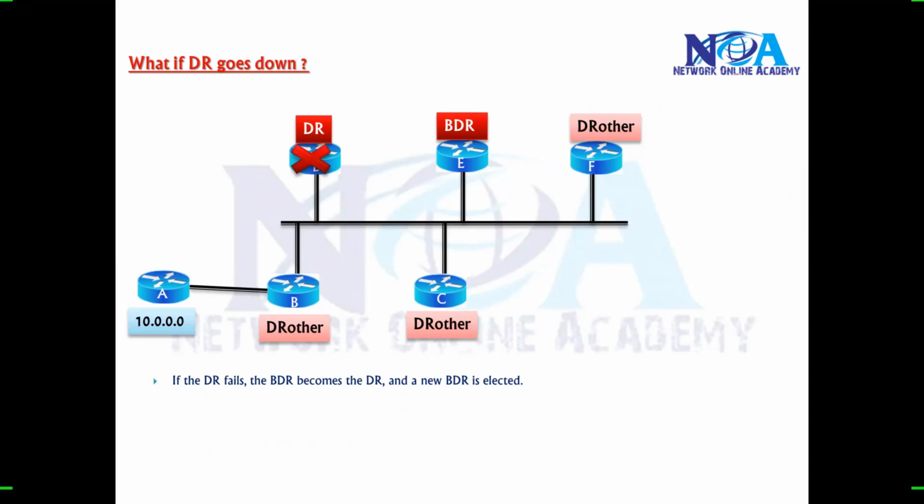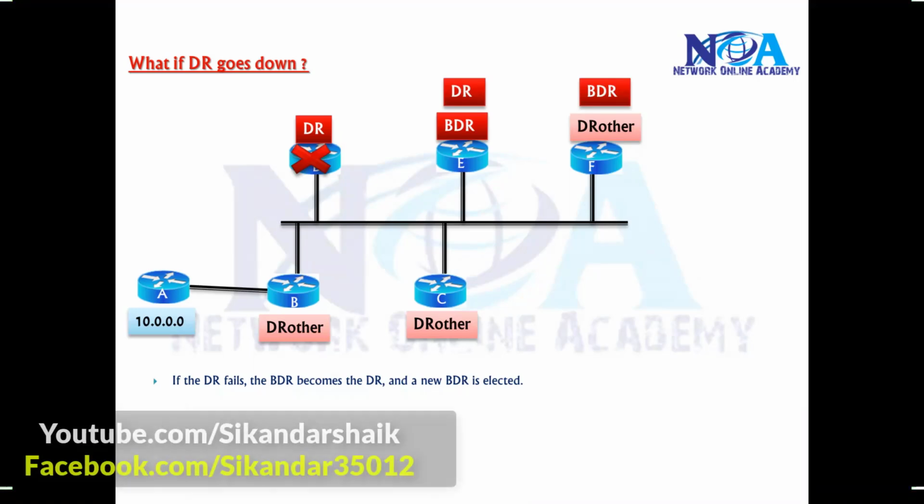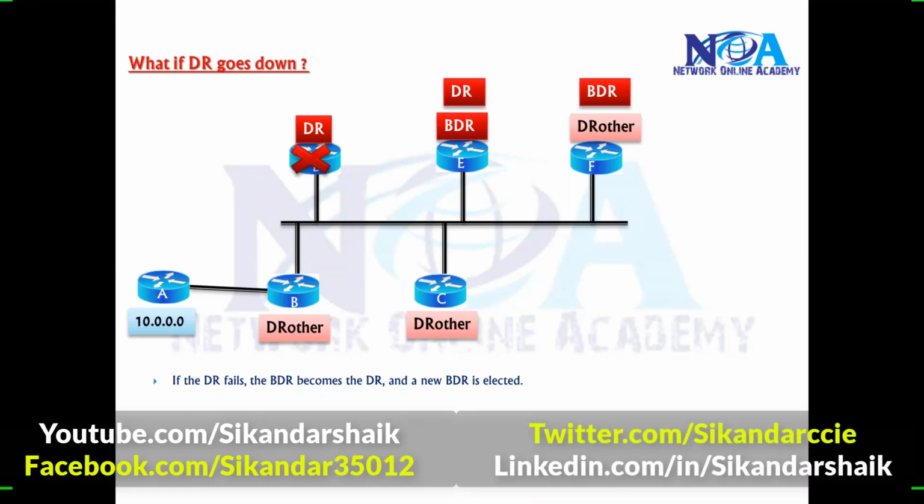In that scenario, it will automatically select another router. The backup will become the DR and another router will become the BDR, and the same process happens. So if the DR fails, automatically the BDR becomes the DR and the new BDR will be elected automatically, and the same process will go on when it comes to the updates and other things.